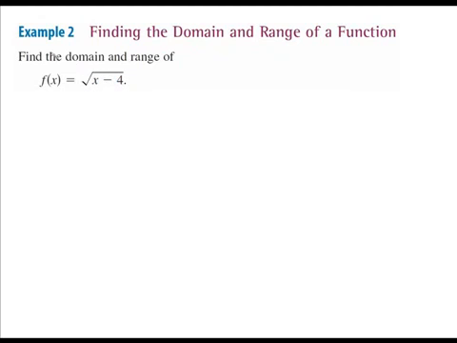First let's find the domain. Remember the whole idea of domain is we can't have a negative inside. We don't want the inside here to be negative. So we need to find out when x minus 4 is going to be greater than or equal to 0. Well, that's easy. x is going to be greater than or equal to 4.